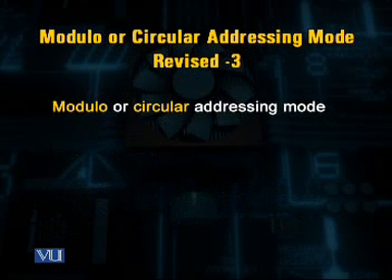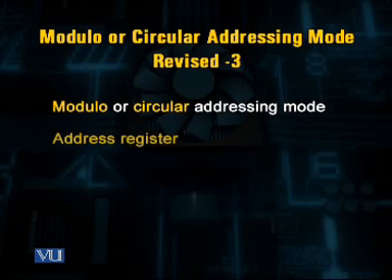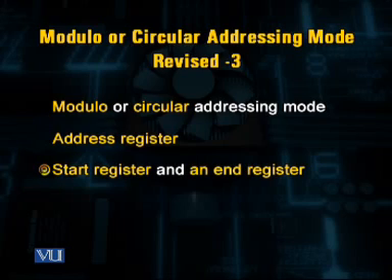All recent DSPs use modulo or circular addressing modes to handle continuous data streams automatically. Here, every address register keeps a start register and an end register, and it allows auto increment and auto decrement addressing modes to reset when they reach the end of the buffer.